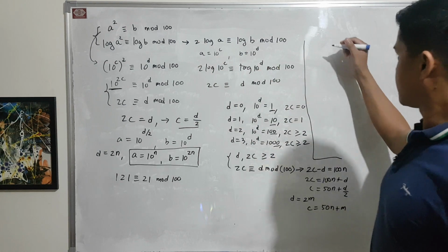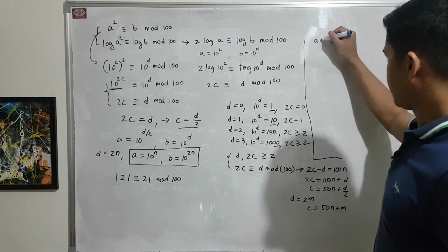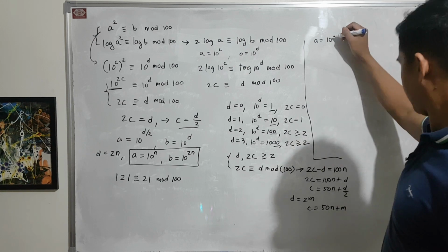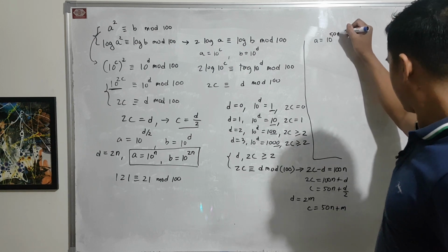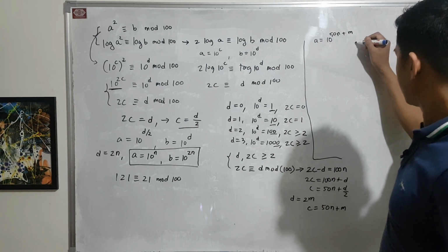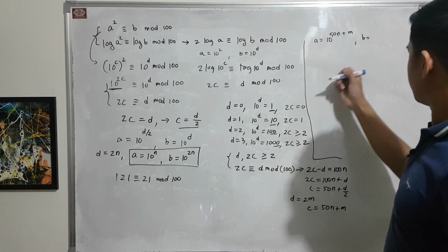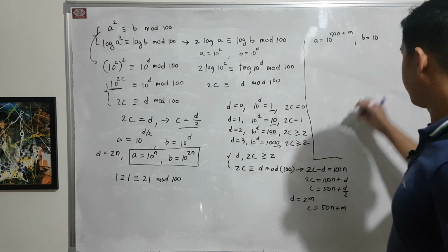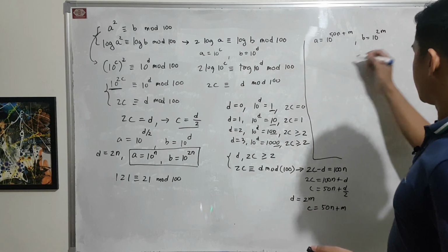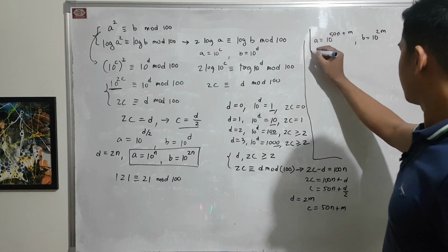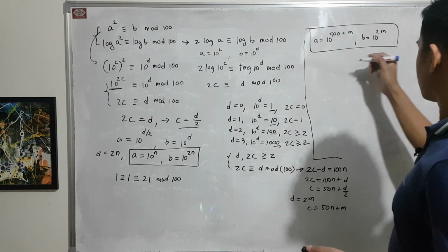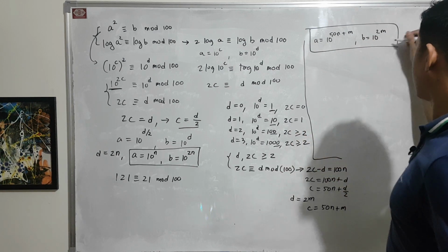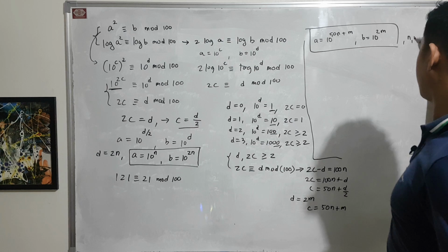A is 10 to the C, so we have A equals 10 to the 50N plus M. And B is 10 to the D, and D is 2M in this case. Right, so these are our new set of solutions, where N and M are any integers.